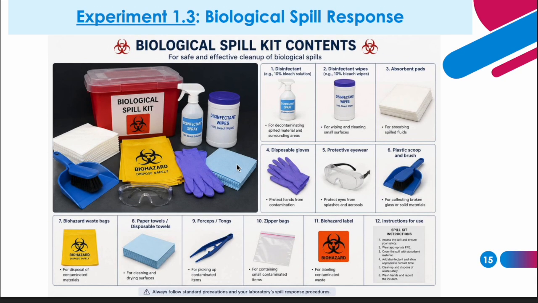Here is the biological spill response, which is experiment 3. The spill kit contains all of these equipment: disinfectant wipes, absorbent pads, disposable gloves, protective eyewear, plastic scoop and brush, bags which have a biohazard label on them, paper towels, forceps or tongs, zipper bags, and biohazard labels.